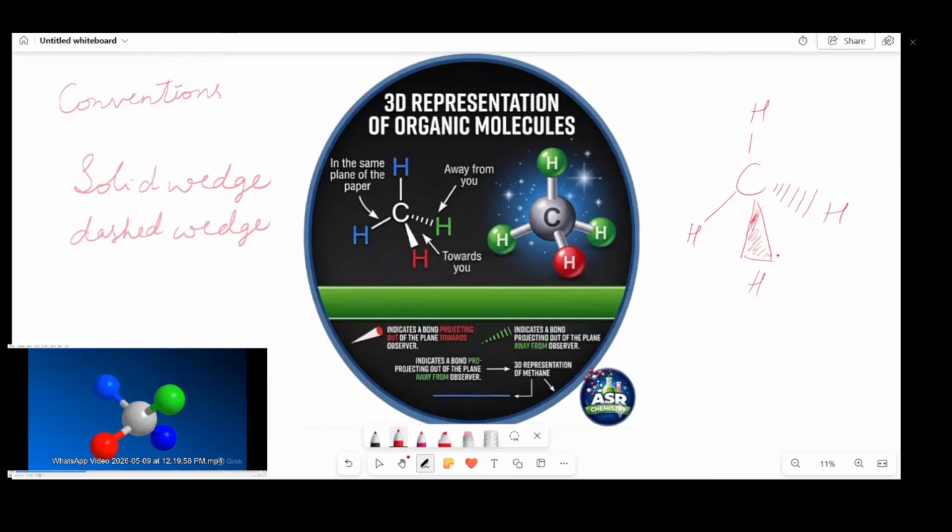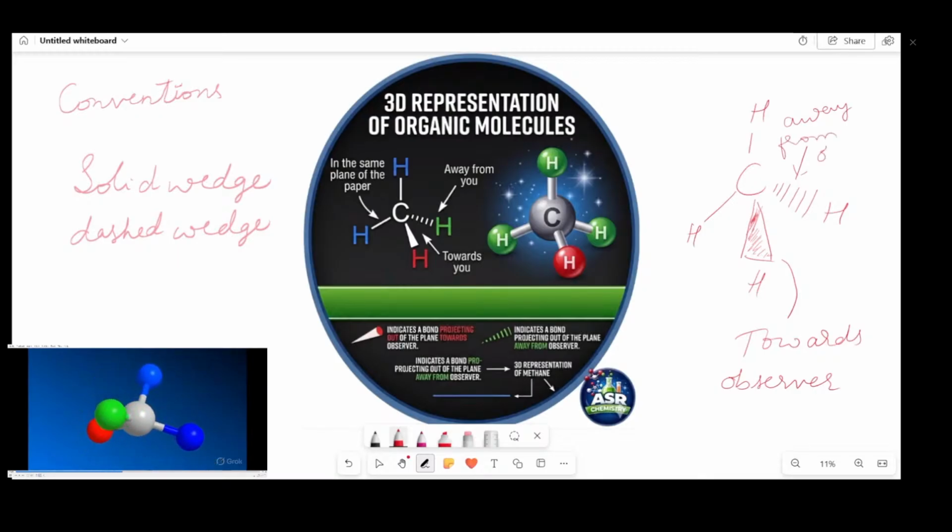Now what are these? This is a solid wedge which is towards the observer. This is a dashed wedge. This is away from the observer.